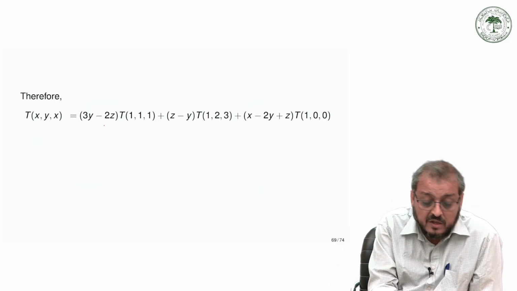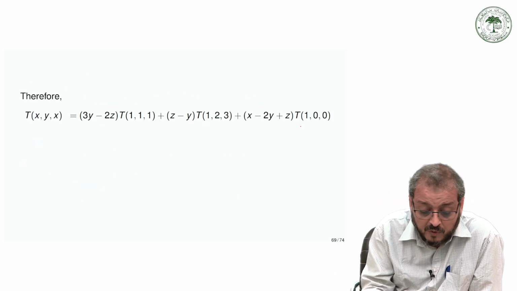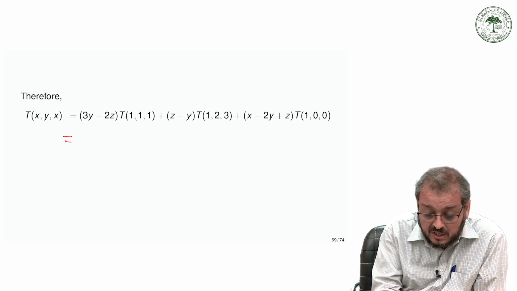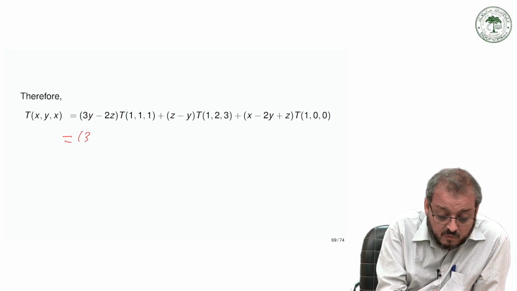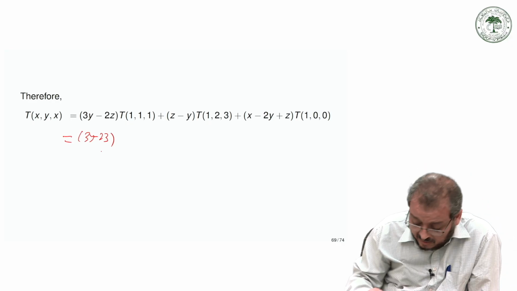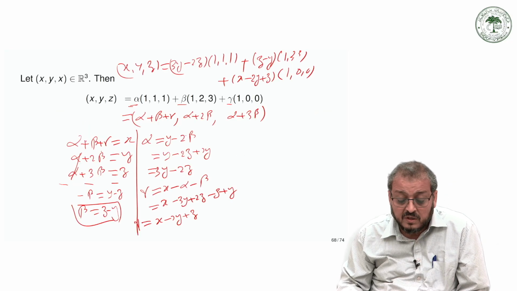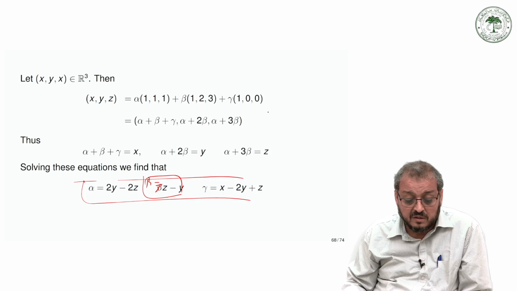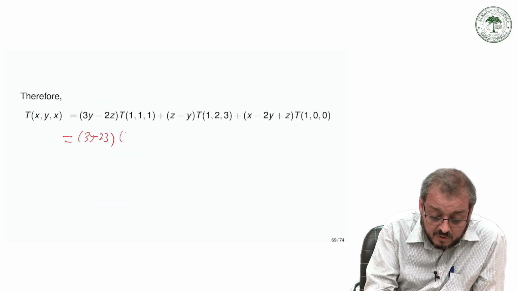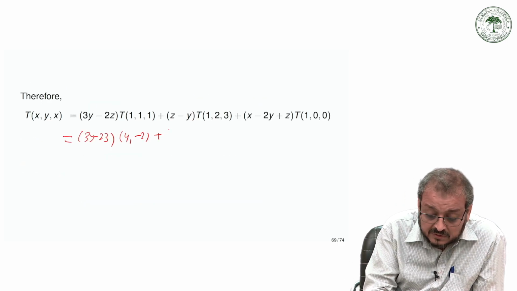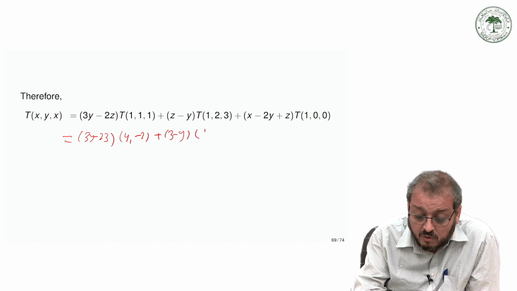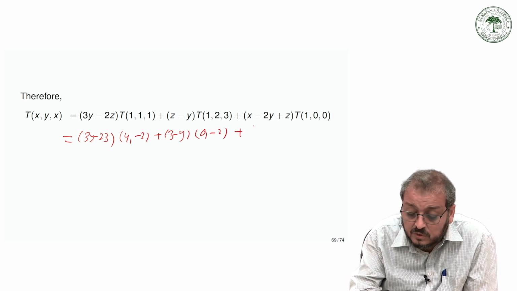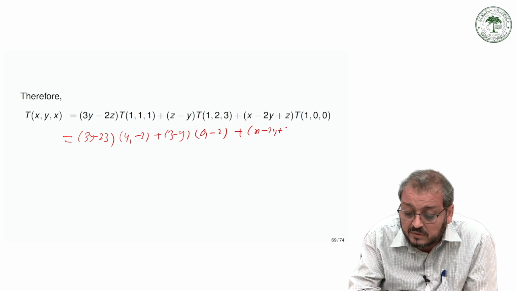Now, I already explained this can be written into this form, and now this is e1, equal to 3y minus twice z, and T of (e1, e2, e3) we have to calculate: (4, -2), and then this value is (4, -2) plus (z minus y) times (0, -2), and plus (x minus 2y plus z) times (2, 2).